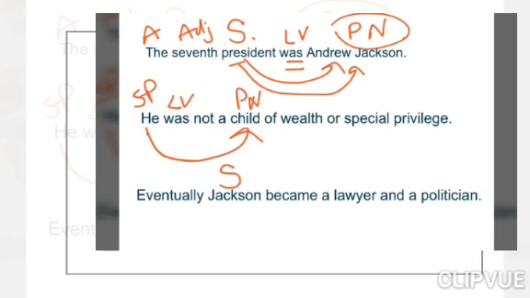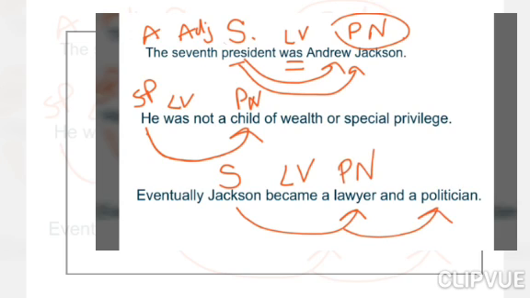Then, what do we need to find after? Our linking verb, that is became. That means that lawyer and politician are the predicate nominative. Both of them are renaming Jackson, or both of them are renaming the subject. So subject and linking verb, predicate nominative.